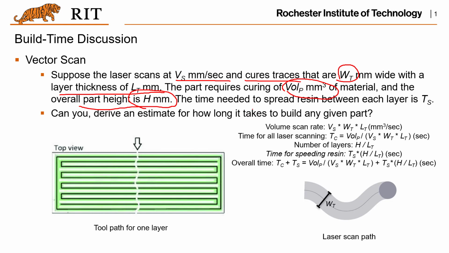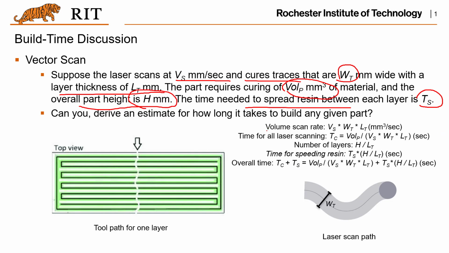As we mentioned in the calculation, besides the laser scanning time, we also need to count the spreading and rising time, and each spreading and rising for a layer is TS. So with all this known, we could compute the overall time to print the part.